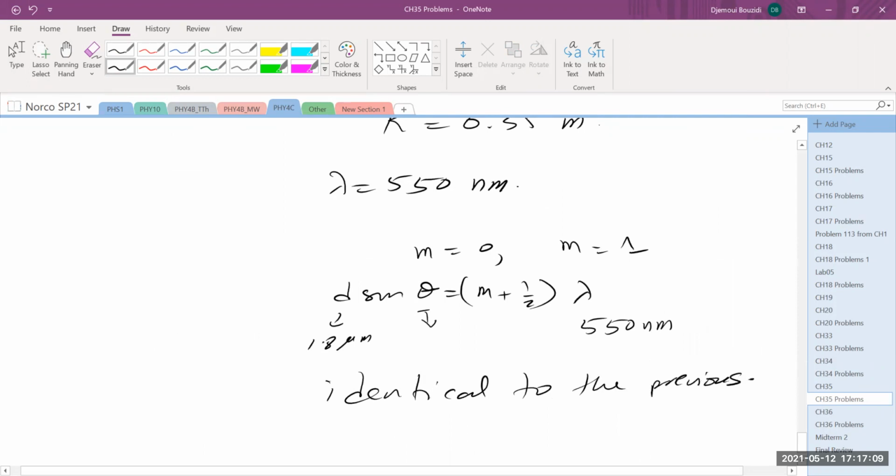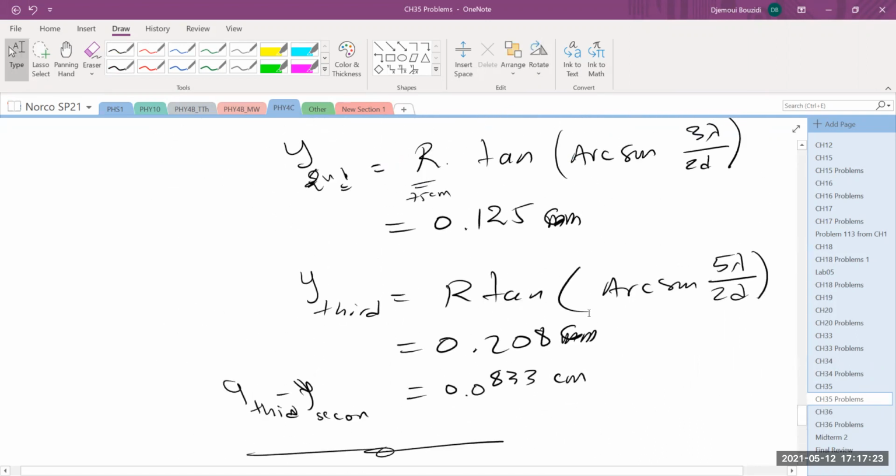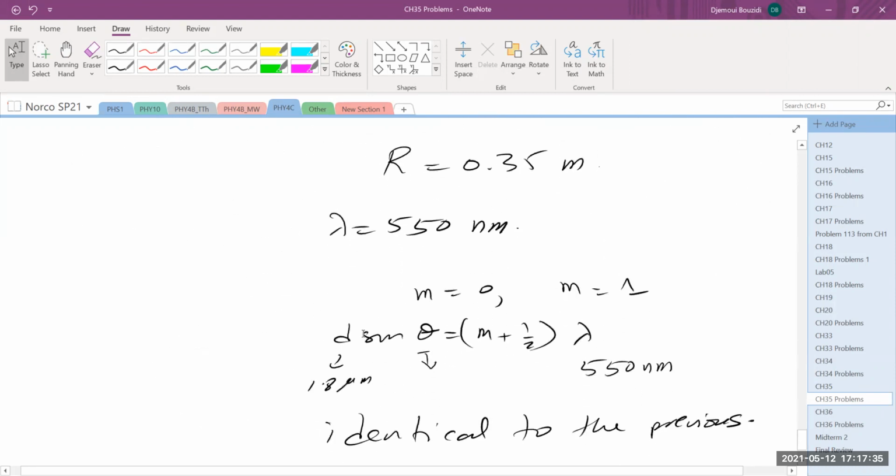The only exception is that in the previous problem we were dealing with m equal to 2 and m equal to 3, while this one deals with m equal to 0 and m equal to 1, and that's it. I did not make the approximation here, and if I had, it would not be justified, since the approximation says tan theta is approximately equal to sine theta. Here it's not going to work because d is so small.